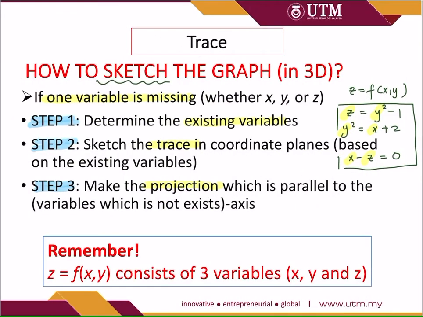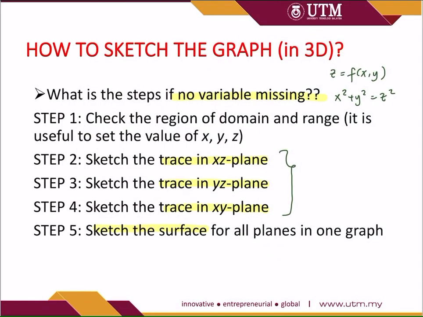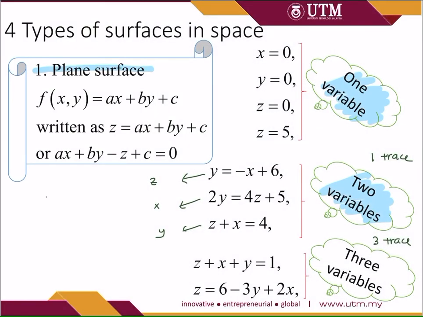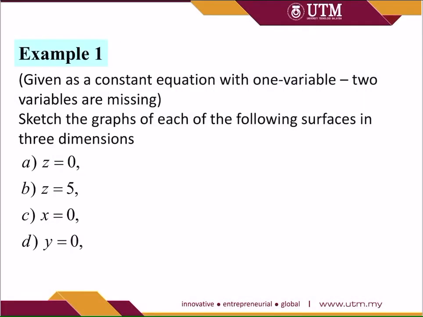But for the one variable missing, we only have one trace to be considered, and then make the projection. So that is the difference between the two variables and three variables.